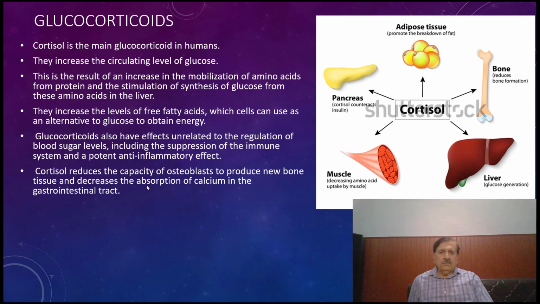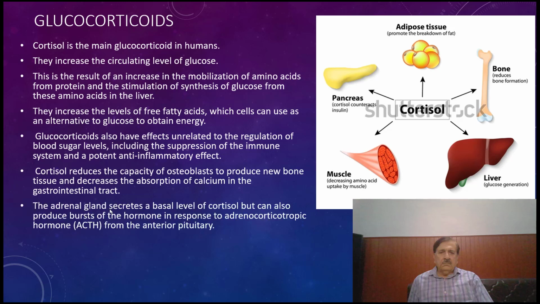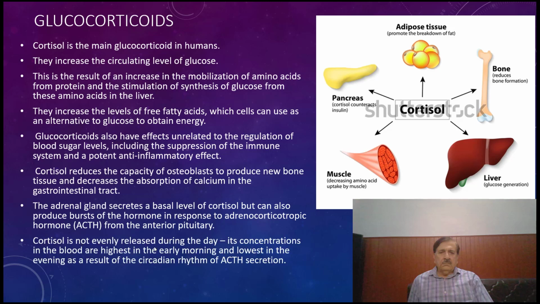Cortisol reduces the capacity of osteoblasts to produce new bone tissue and decreases the absorption of calcium in the gastrointestinal tract. The adrenal gland secretes a basal level of cortisol but can also produce bursts of the hormone in response to adrenocorticotropic hormone ACTH from the anterior pituitary.